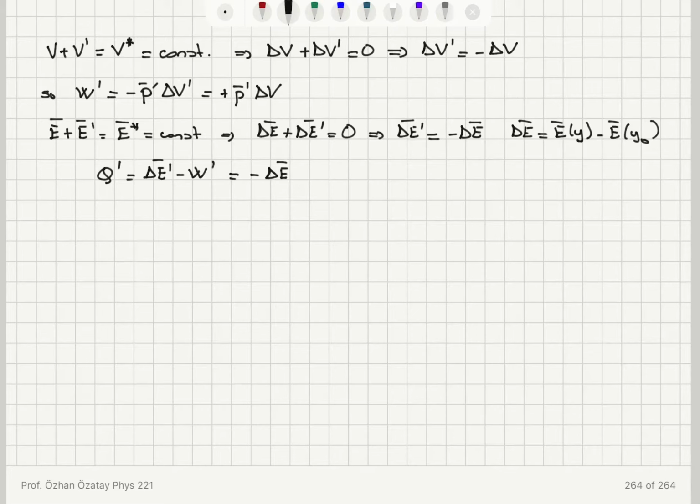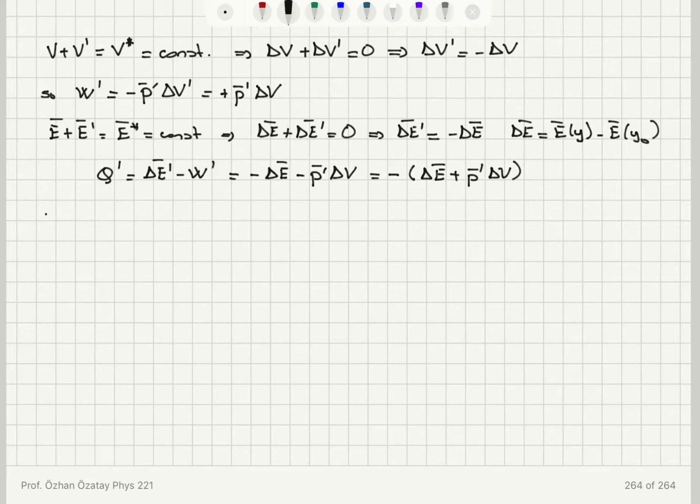And minus W prime, because W prime is equal to plus P prime delta V, is going to be equal to minus P prime bar delta V. So this will give us Q prime is equal to minus parentheses delta E plus P prime delta V.